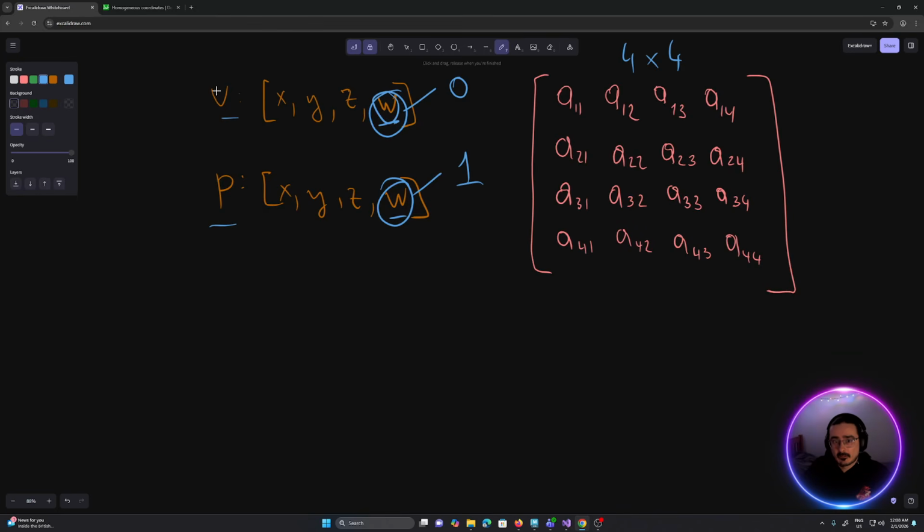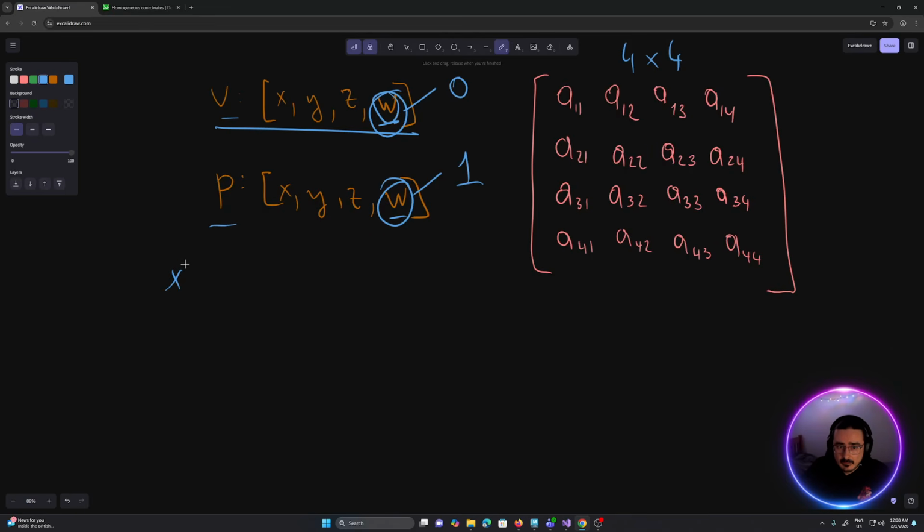And basically, when we multiply our vector with a matrix, we consider only this 3x3 matrix. And because the homogeneous coordinate is 0, our translational component of the matrix doesn't have any effect on our vector. So that's why we get the linear transformations.